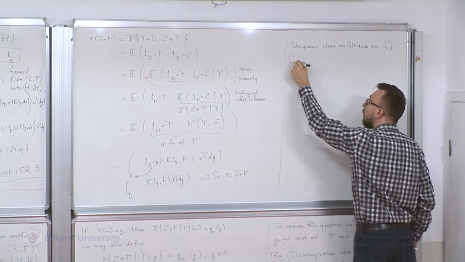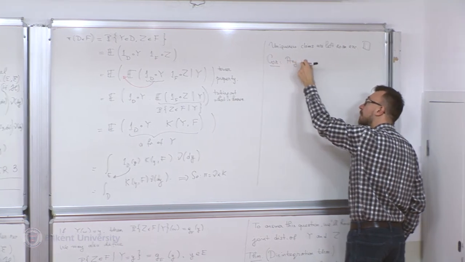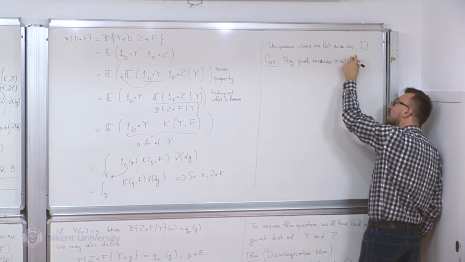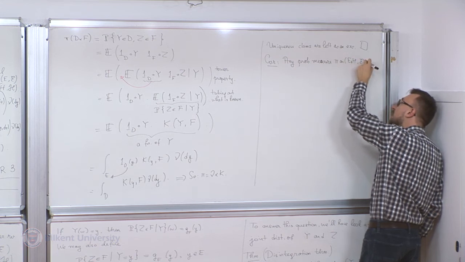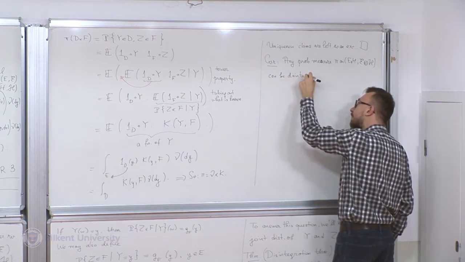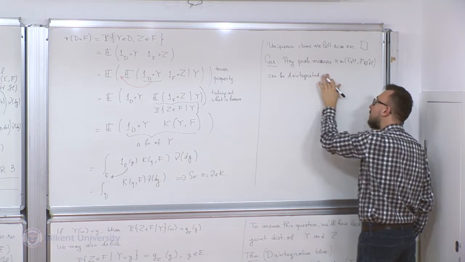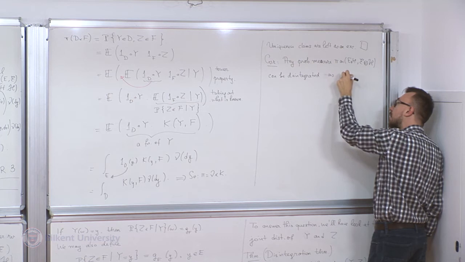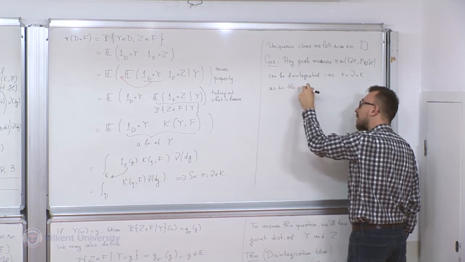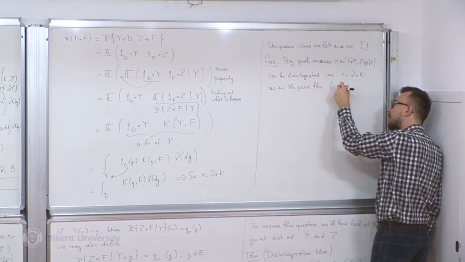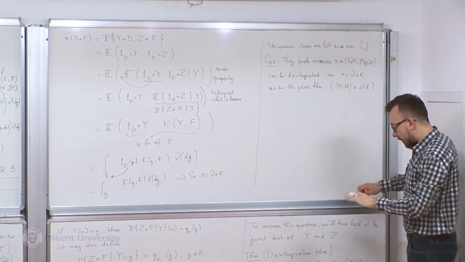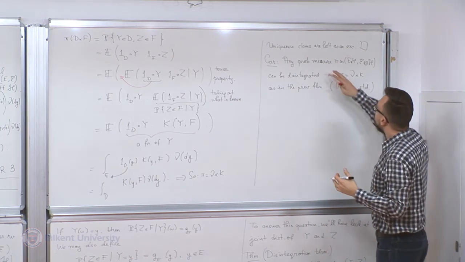And as a corollary, any probability measure pi on script E cross script H can be disintegrated as pi equals nu cross k, as in the previous theorem. Of course, assuming that H is standard.